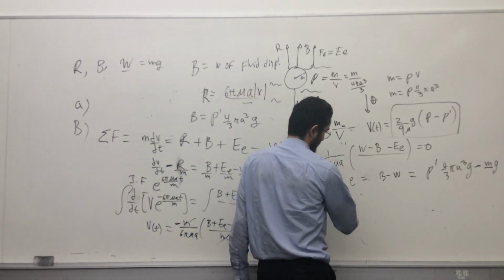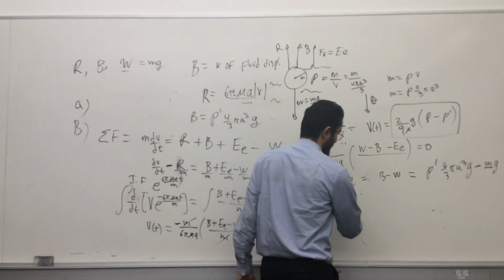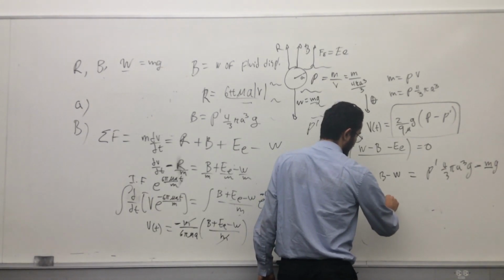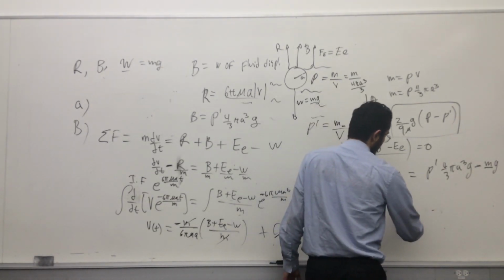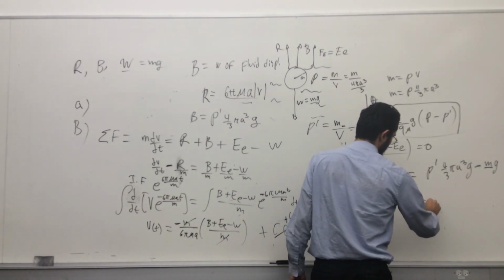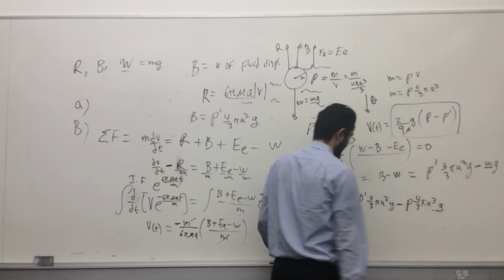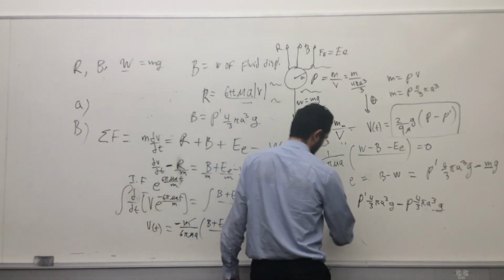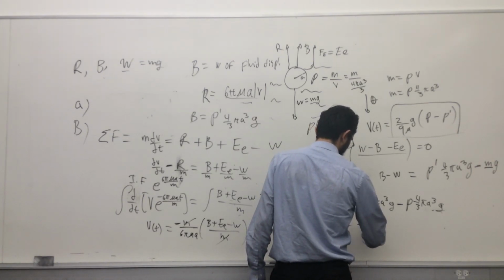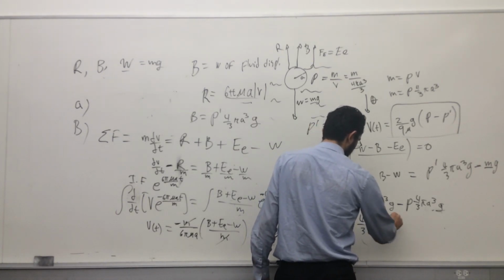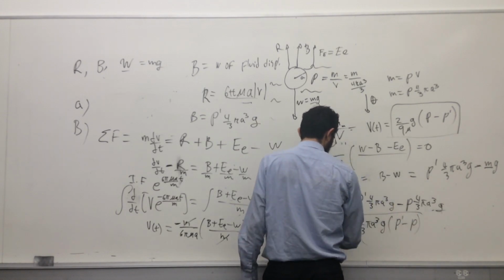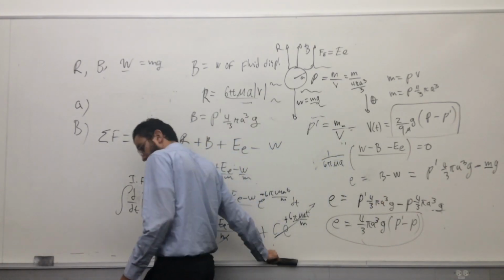We can say that the electric charge is going to be equal to rho prime times 4/3 pi a cubed times acceleration of gravity minus rho times 4/3 pi a cubed times g. So the electric charge should be equal to 4/3 pi a cubed multiplied by g, and then all of that multiplied by rho prime minus rho. So that should be the final answer.